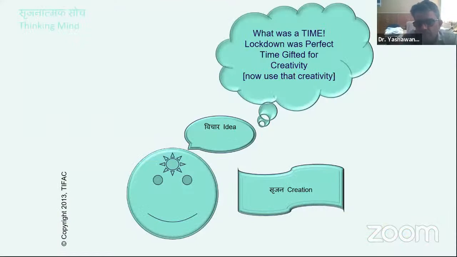So this thinking mind, because a lot of ideas are flashed to your mind at any given point of time, it is not possible to stop breeding ideas in your mind.